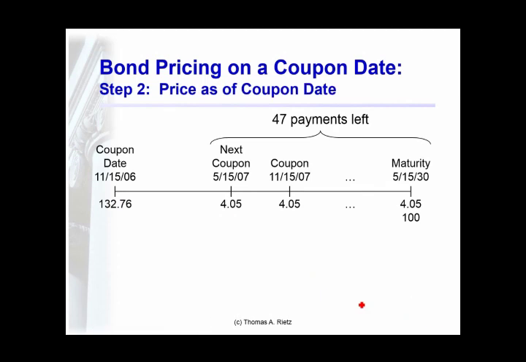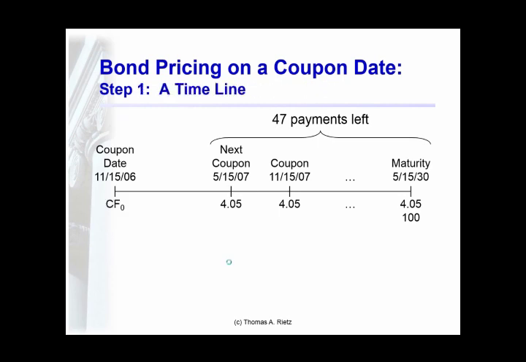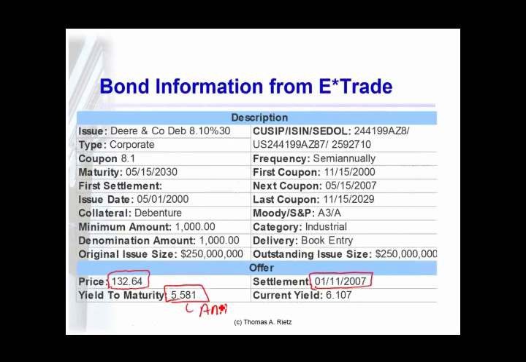Given the payments that we've got and the number of payments, the next thing we do is compute the price on the prior coupon date. The price on the prior coupon date is just an annuity. The prior coupon was last November. The payments are $4.05, and the yield to maturity is, let's see, what was the yield to maturity here? The yield to maturity is 5.581.